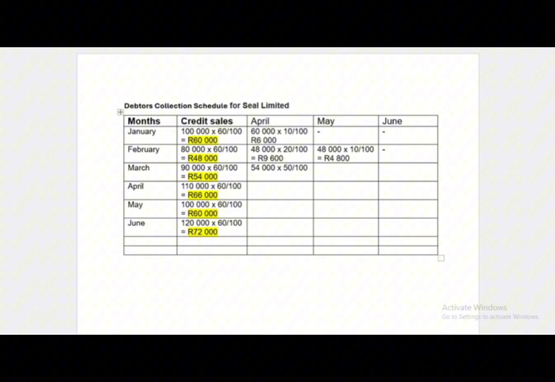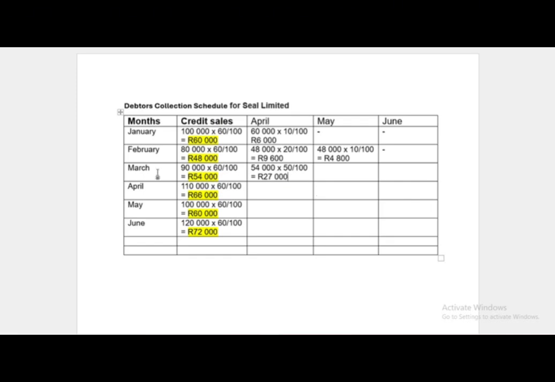How much are you collecting in April for March? Let's put that on the calculator. 54,000 multiplied by 50 divided by 100. I'm collecting 27,000 in April for the month of March.